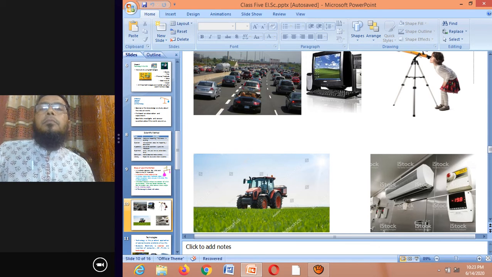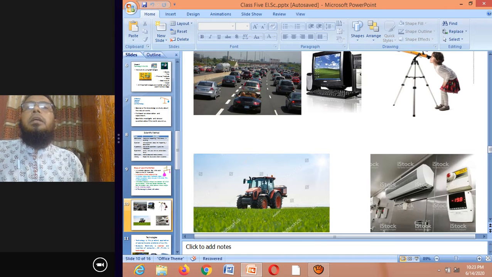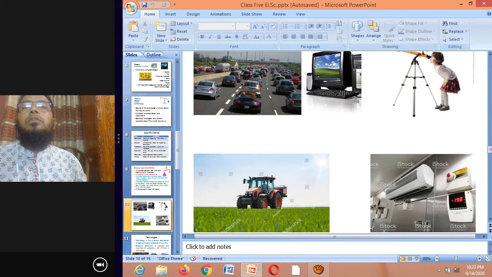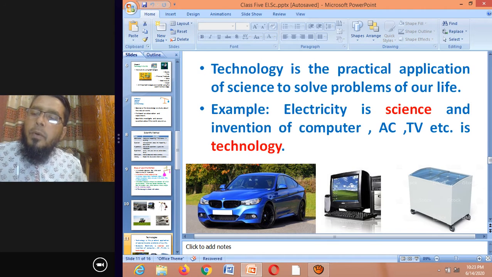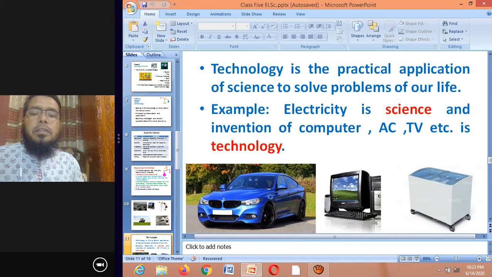So what technology is, we should know. Technology is the practical application of science to solve the problems of our life. So technology is used to solve our problems, we can say that. For example, electricity is science, and the invention of computer, AC, TV, etc. is technology.